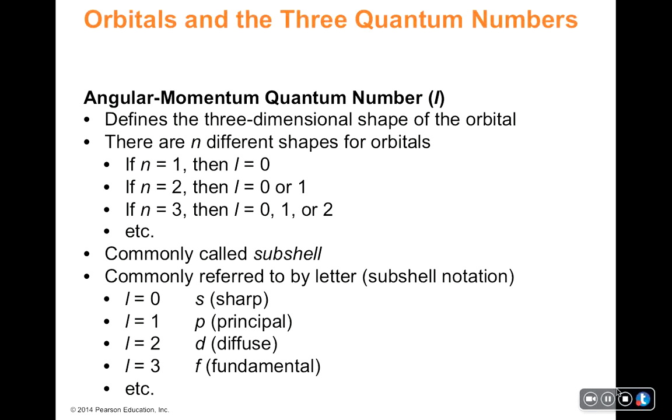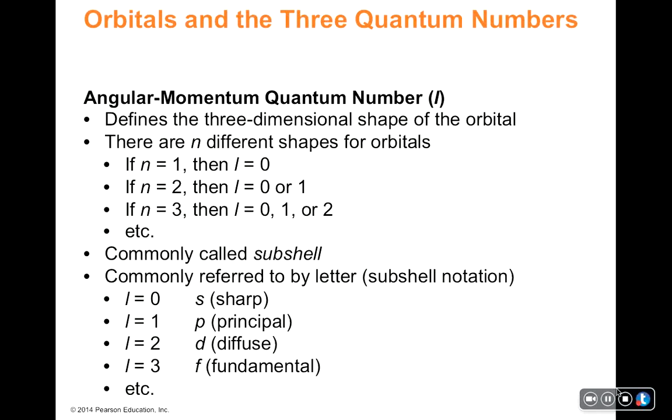So these are commonly known as the subshells. You may have heard of them before as S, P, D, and F. So these are the different types of subshells defined by their shapes. So an L equals 0 denotes an S subshell. L equals 1 is a P subshell.